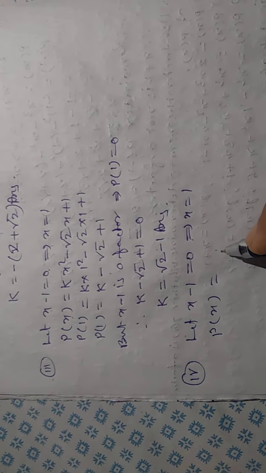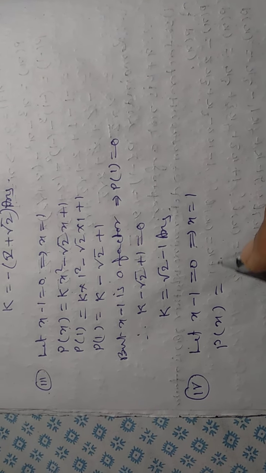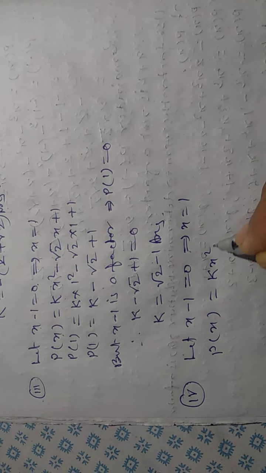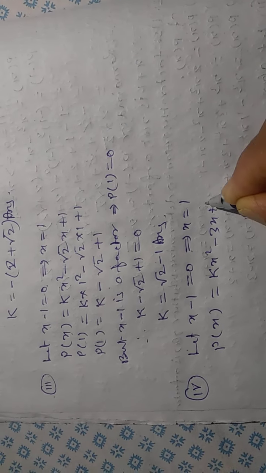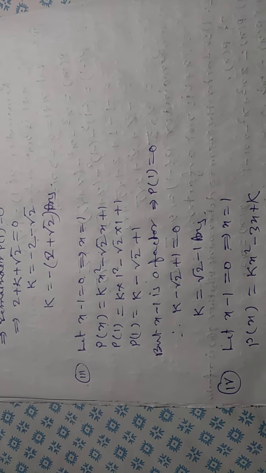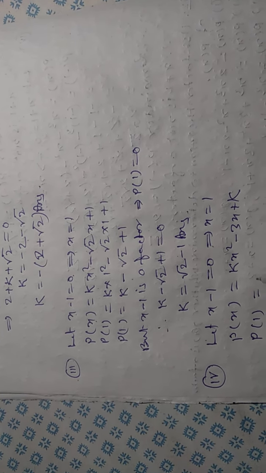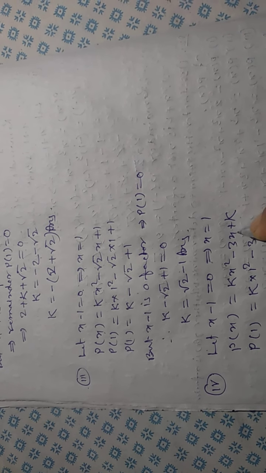Now number 4, same thing, x minus 1 is a factor, then put x minus 1 equal to 0, then x is equal to 1. Now p(x) is equal to kx square minus 3x plus k. In place of x write 1: k into 1 square minus 3 into 1 plus k.